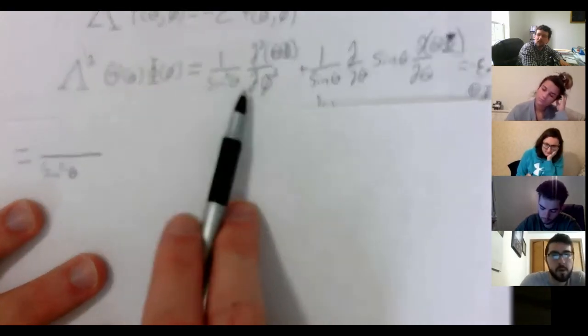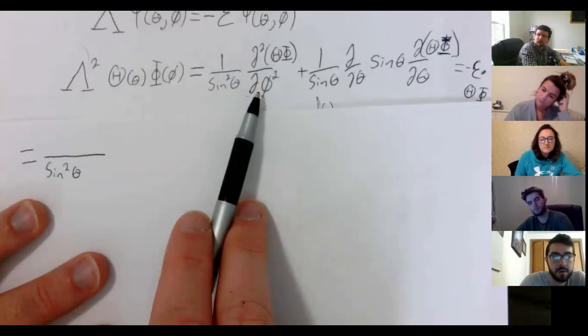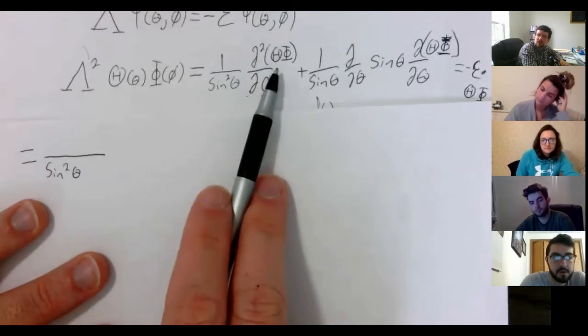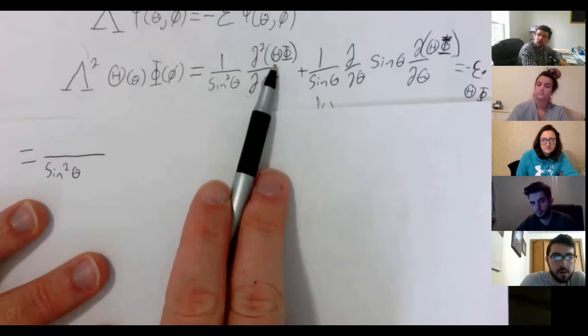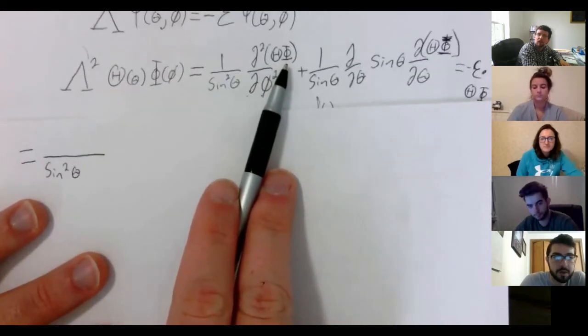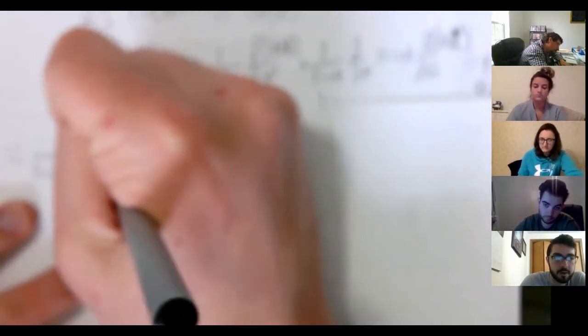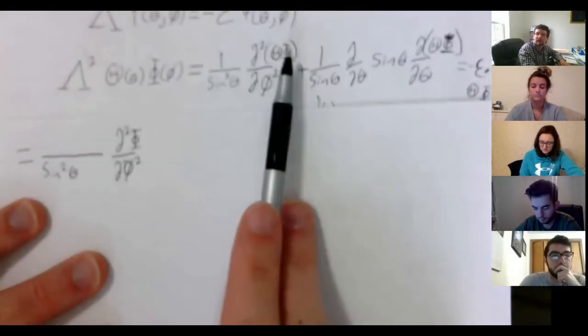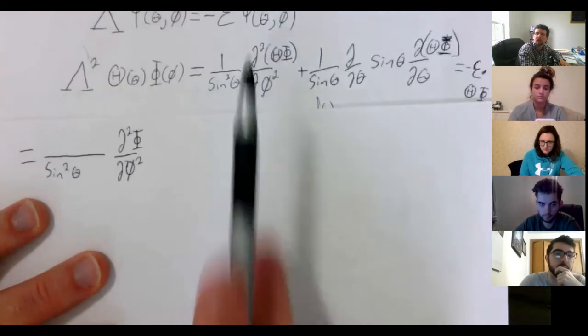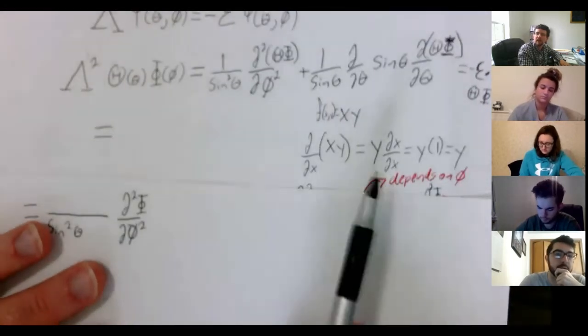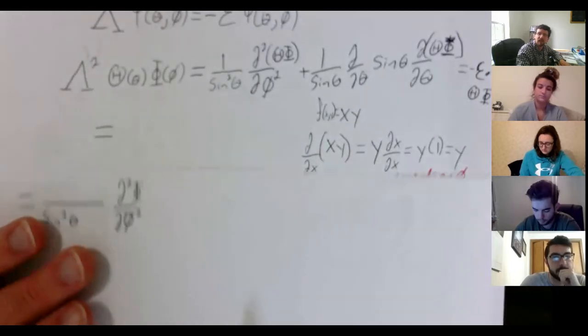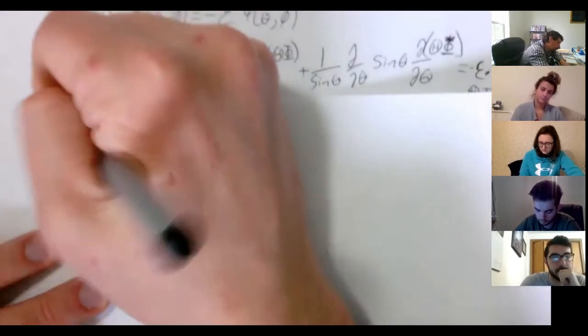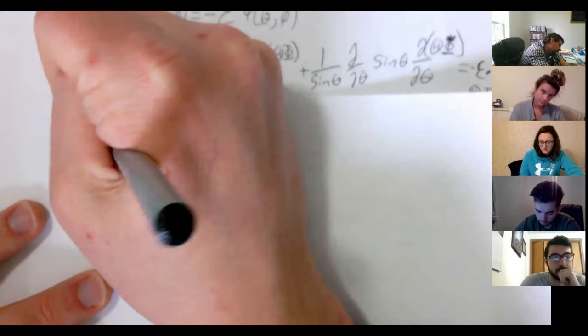What are we differentiating with respect to? Phi. And which of these functions depends on phi? The first one or the second one? Second one. We have that guy. And what happens to this theta term? It comes out, just like our y in this function. It was just treated as a constant, so we're just going to pull it out.